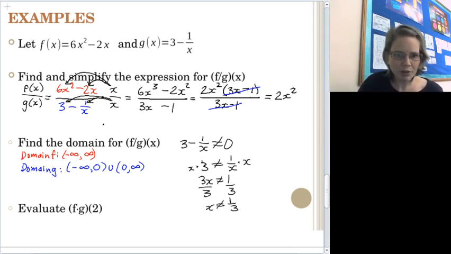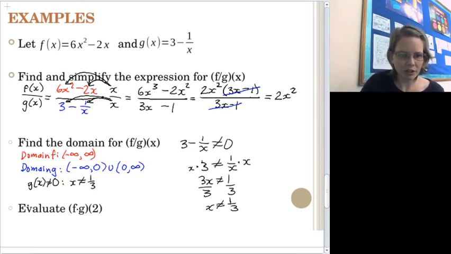So from this restriction of g of x not equal to 0, we get that x is not allowed to be 1/3. To put all those 3 pieces together, this gives us no restrictions, this gives us a jump over 0, and this gives us a jump over 1/3.